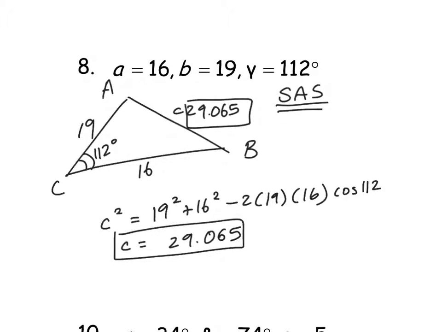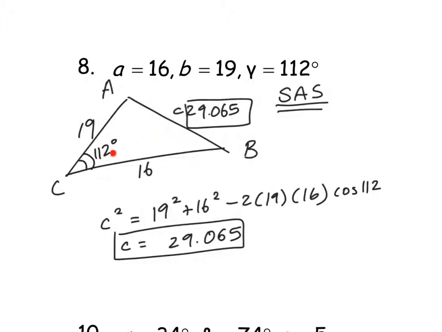Now, moving forward, I see that 112 is the largest angle. A and B must be smaller than this angle. Remember, even if this is SAS and I started with law of cosine, I always use law of sine to find the smallest angle.